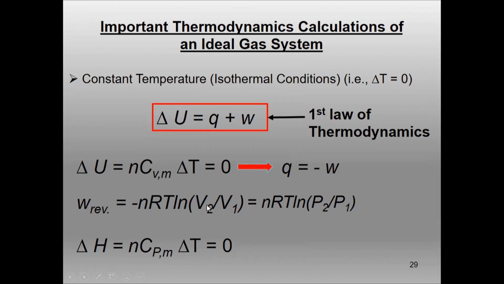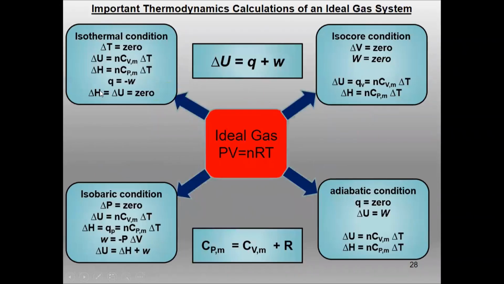From the gas law, you know Boyle's law, P1 V1 equals P2 V2. So if you're not given the volume, but given the pressure, how can you calculate the work? You're going to use nRT ln P2 over P1. So all I did was expand on this by putting down what exactly the work is.